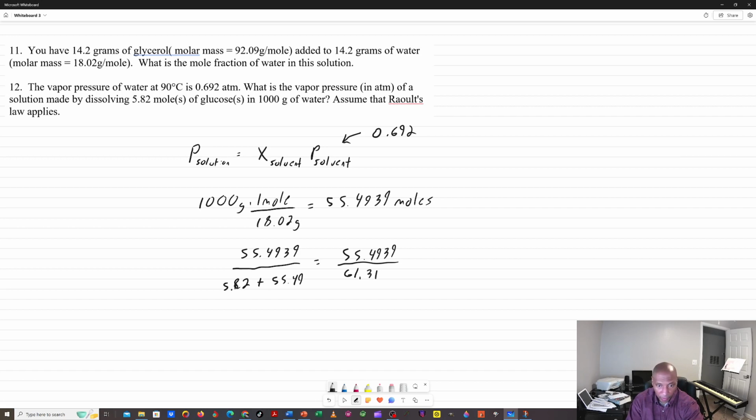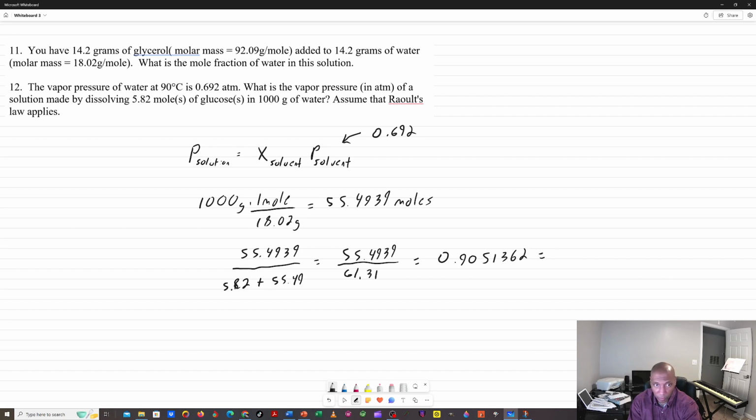So I got 4 significant digits total, so my answer looks like it's going to be good to 4 significant digits. All right, so 55.4939 divided by 61.31 is equal to 0.9051362.